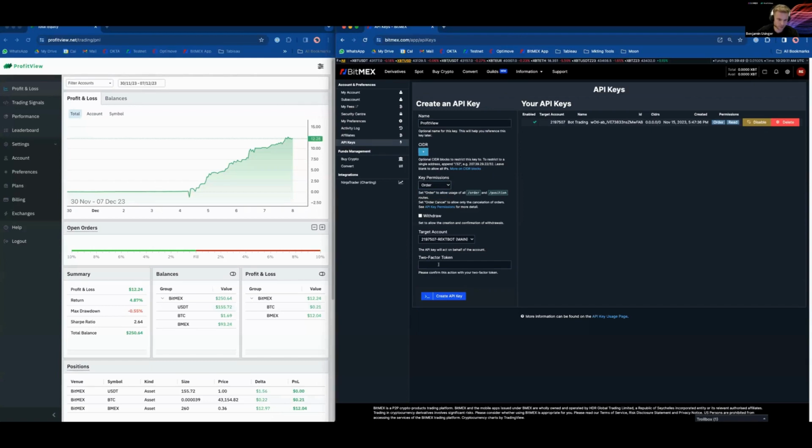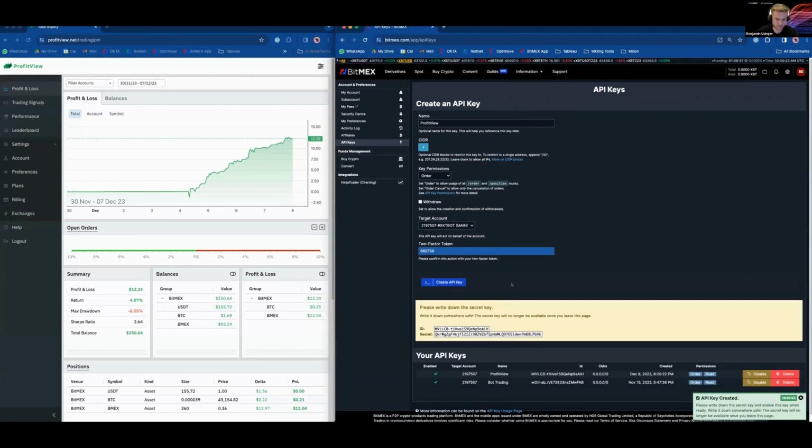And I will have to add my 2-factor authentication. Using this account, I create an API key. So this API key will be helping me to trade on this very specific BitMEX account.